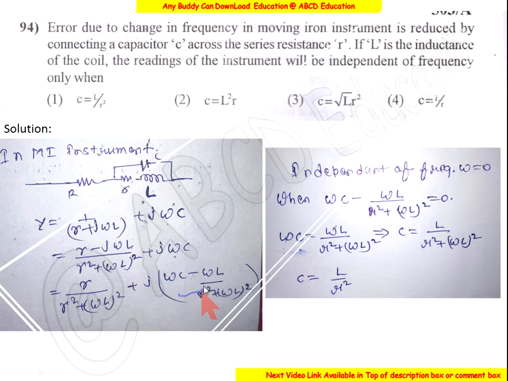If it is independent of the frequency, then this part must be zero. So this part must be zero, and omega equals 0 for independence of the frequency. Then we get C equals L upon R squared. So the answer is first, that is C equals L upon R squared.